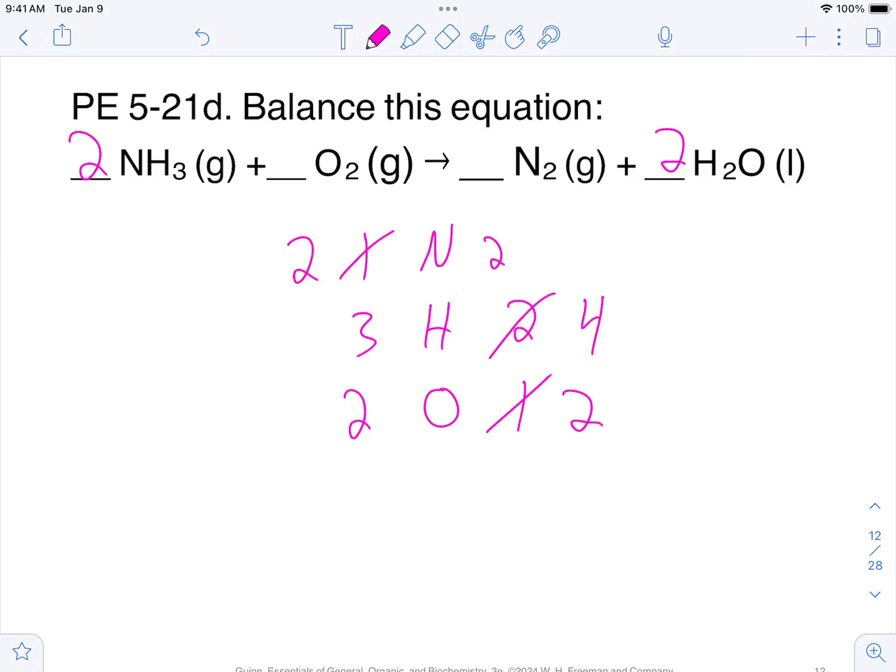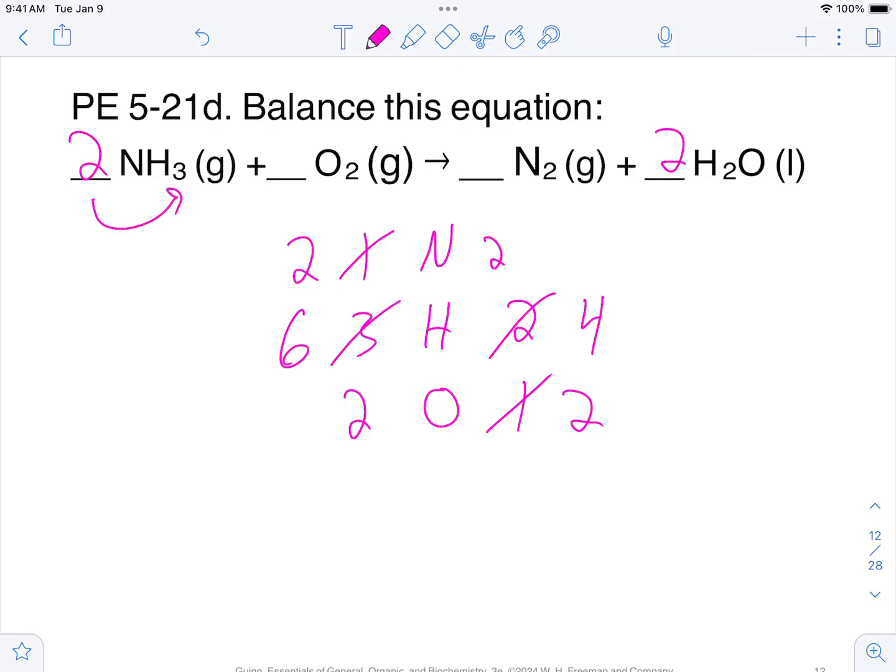Now, my N's and my O's are good, but the tricky part here are my H's. So I have 3 H's on the left and 4 on the right. If I make that 2 a 3, that would give me, actually my math is off, I didn't change that. H's, now I have a 6 over here, right?